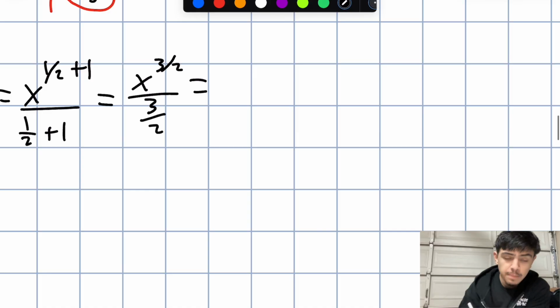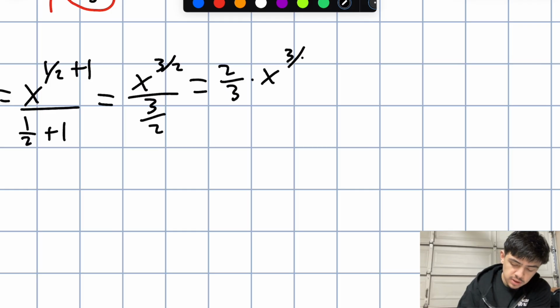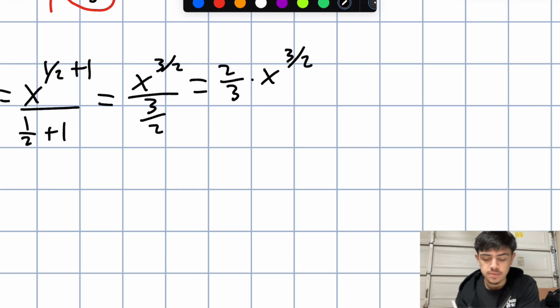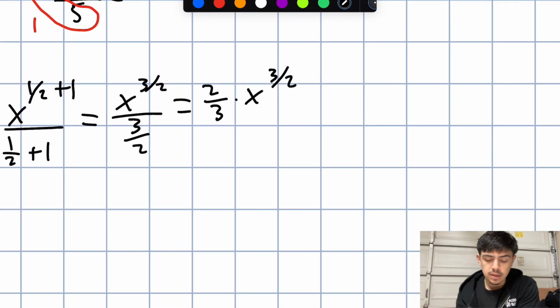So flipping 3/2, we get 2/3, times x to the 3/2, like such. That's always important to do. You'll be seeing this a lot in your calculus classes. I recommend taking notes on this right now, so you can always go back to it if you're ever confused on what to do. So simple enough. This is the final answer for this integral. We can go ahead and leave it like this.